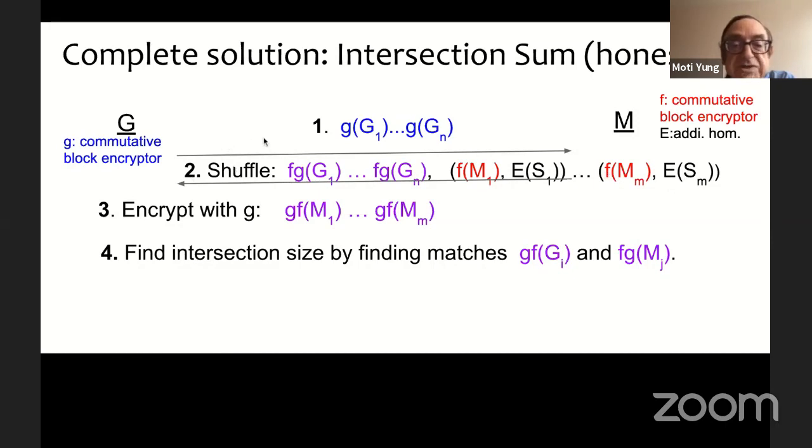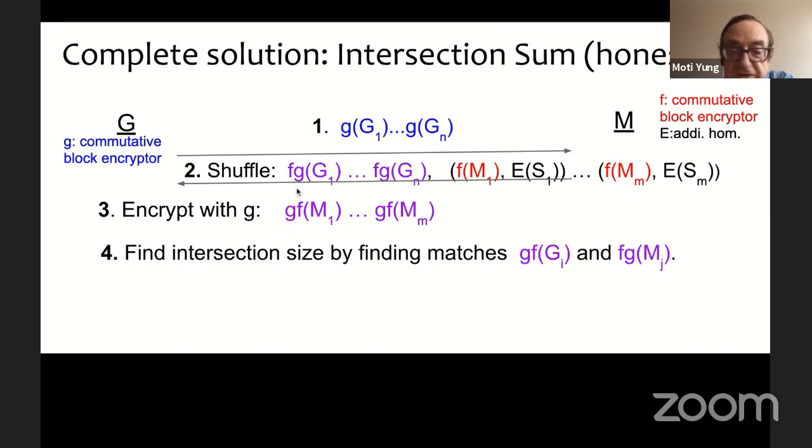Notice that the doubly encrypted set is sent shuffled. So G sends a vector of elements, and gets this vector of elements back shuffled after F of M is applied to it, along with the set of M. Then G picks up the red set, F of M1 up to F of Mn, applies its encryption to it, and gets the doubly encrypted elements of M.